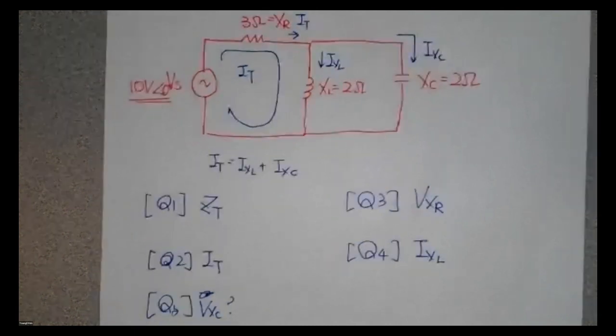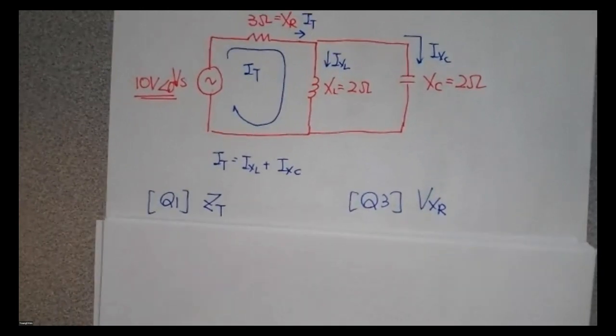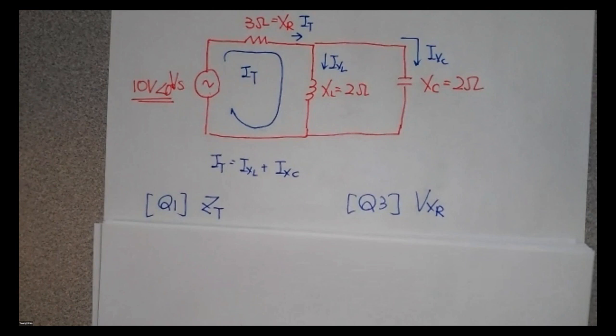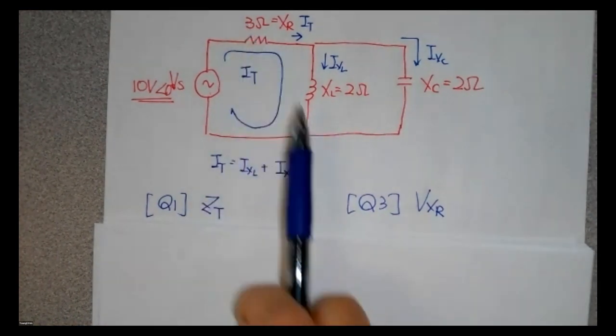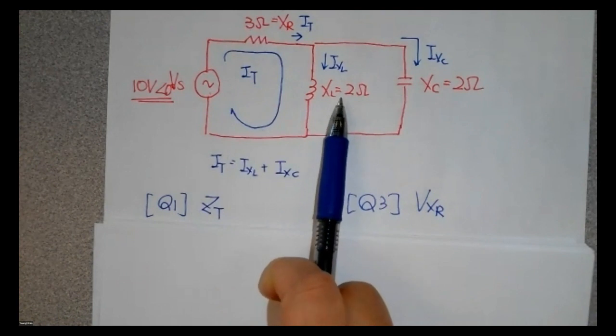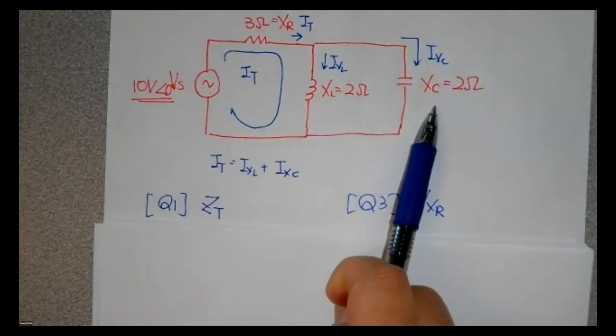Step by step. So question one, what is the G sub T? Again, that is the 3 ohm here. That was the 2 ohm reactance for the inductor. That is also X sub C, reactance for the capacitor.